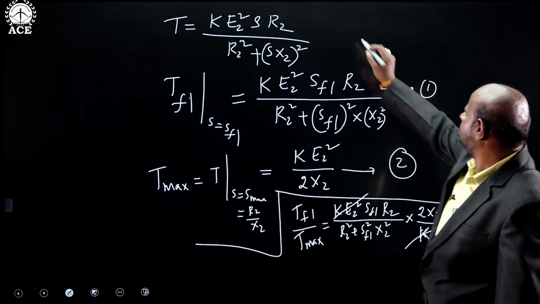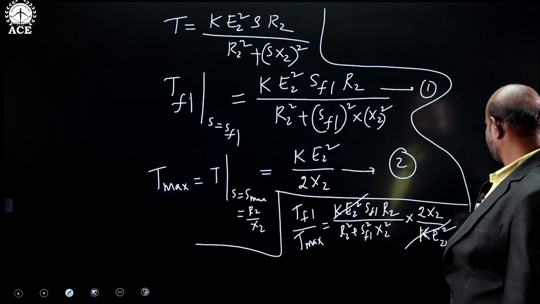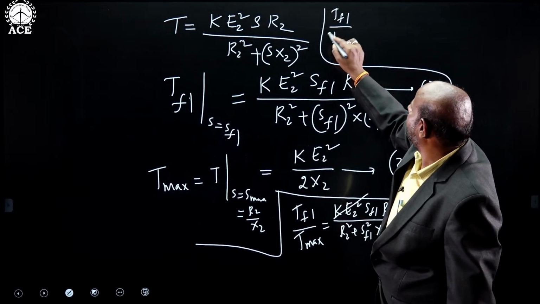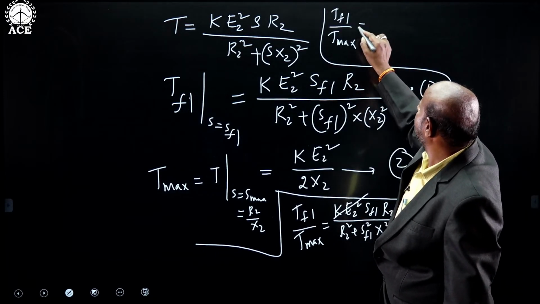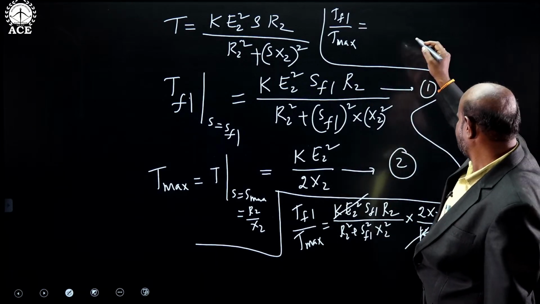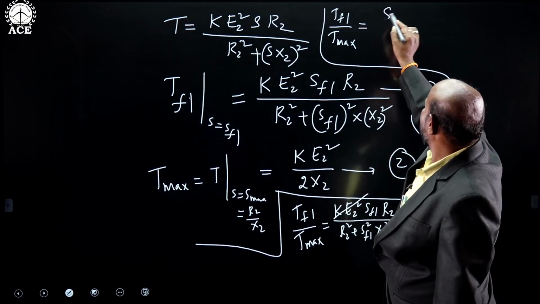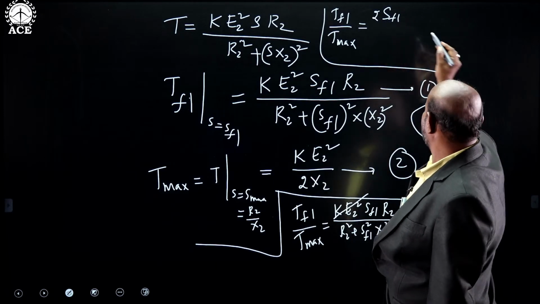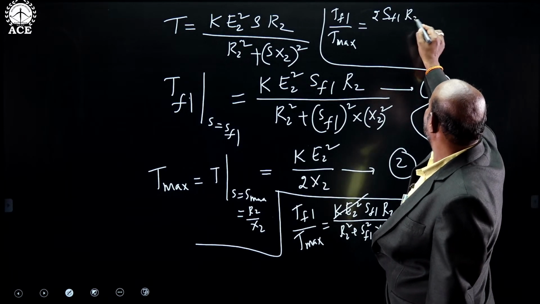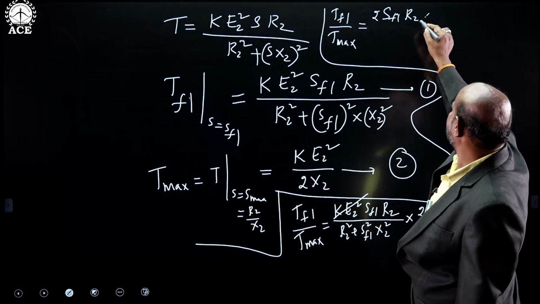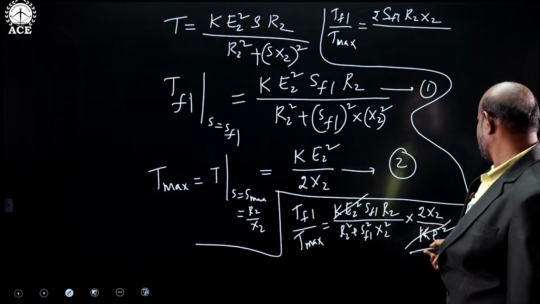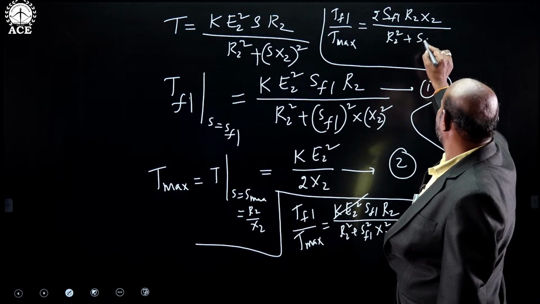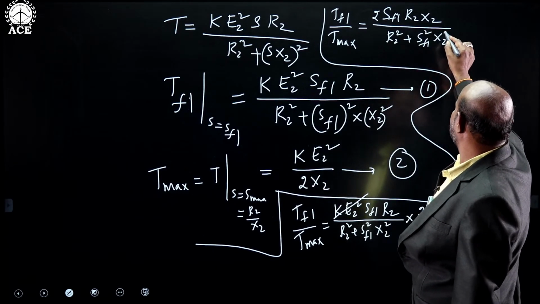The remaining term is TFL by T max, which is equal to full load slip, 2 R2 X2 by R2 square plus SFL square into X2 square.